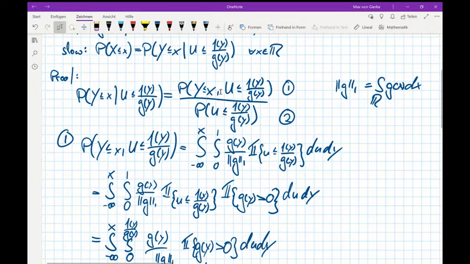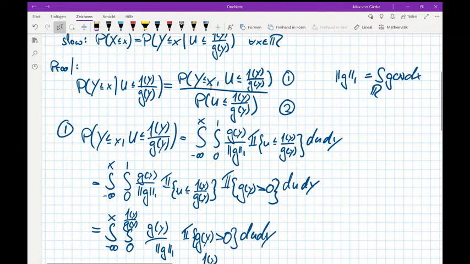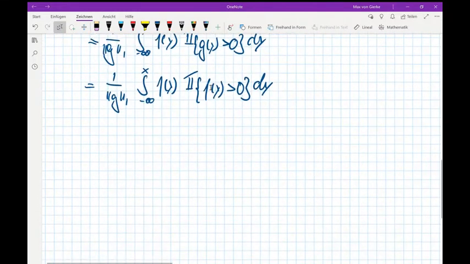So if we just let x go to infinity, then this is trivial, and what's left is exactly this probability. This is just the limit of our first part if x goes to infinity.